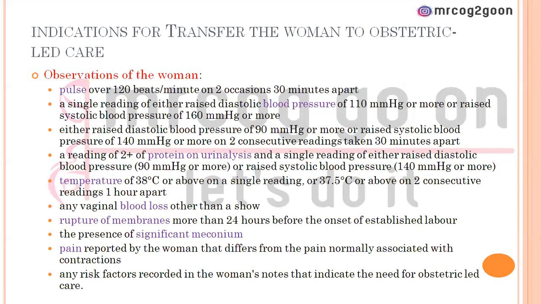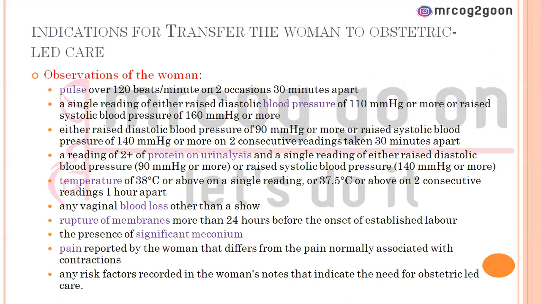For the woman: if her pulse is over 120 beats per minute on 2 occasions 30 minutes apart, or a single reading of raised diastolic of 110 or more, or systolic 160 or more, or 2 readings taken 30 minutes apart of diastolic 90 or more, or systolic 140 or more.